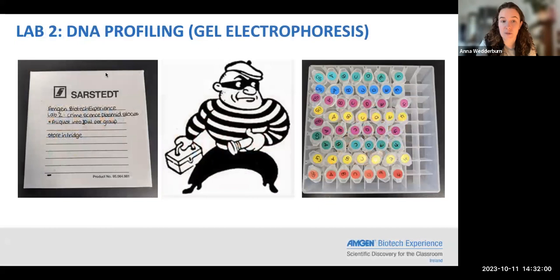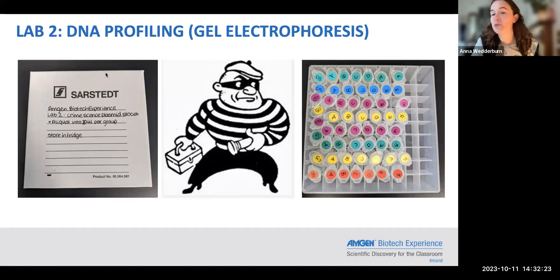Lab 2 is all focused on DNA profiling using gel electrophoresis. Again, we'll be building on the skills that we just learned in lab 1. In this lab, we have said that there is a crime scene.